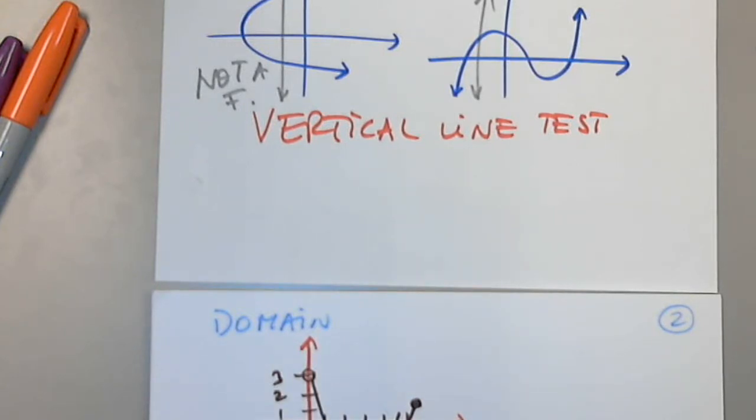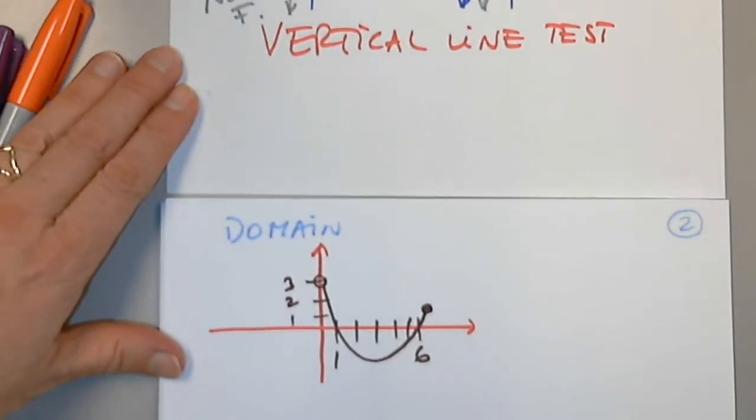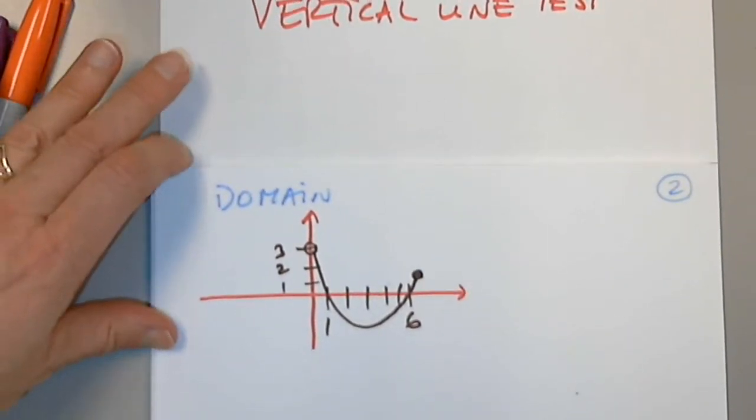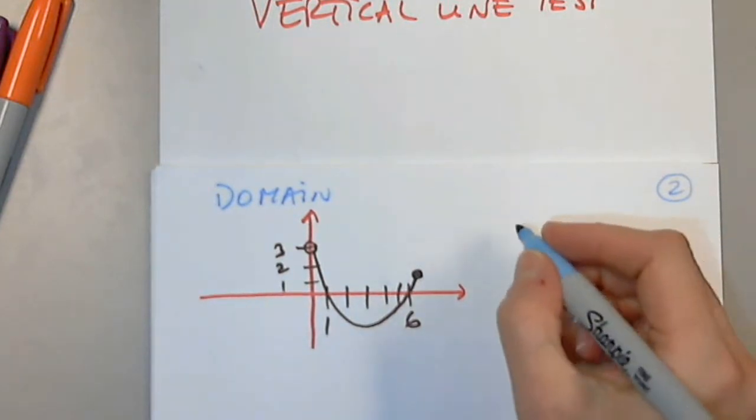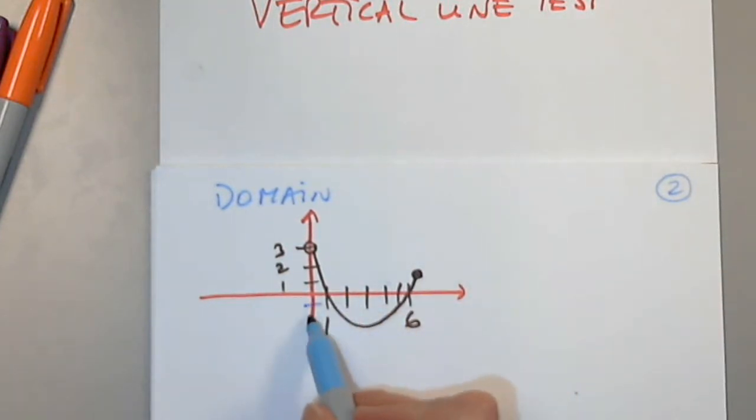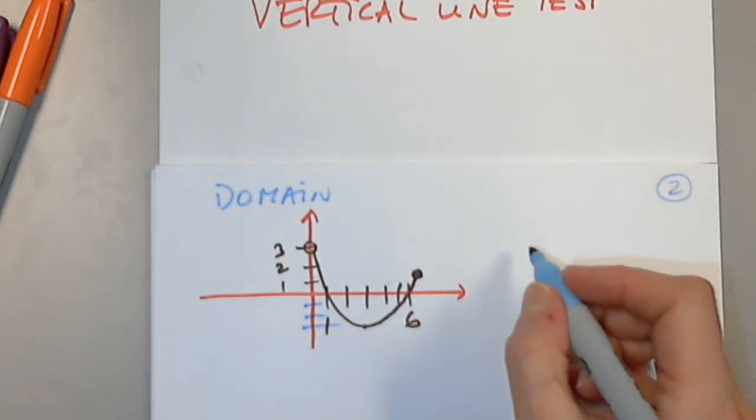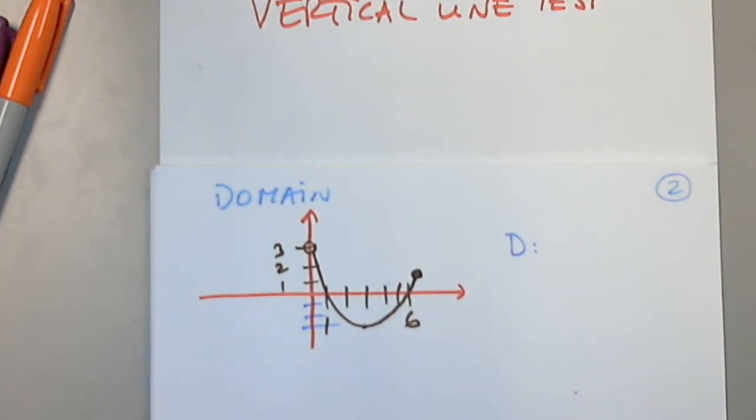First, I'm going to ask, is this a function? Yes, by the vertical line test, this is a function. Good. Now I'm going to ask you, what is its domain? The domain refers to values of x.